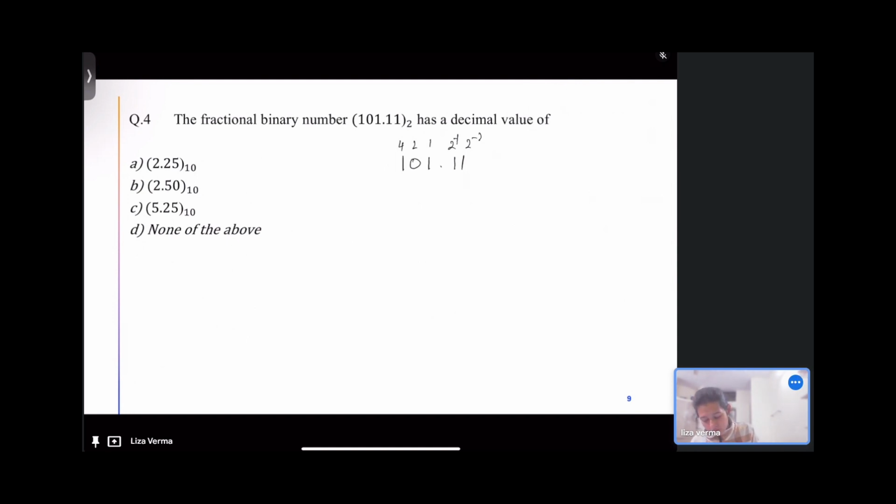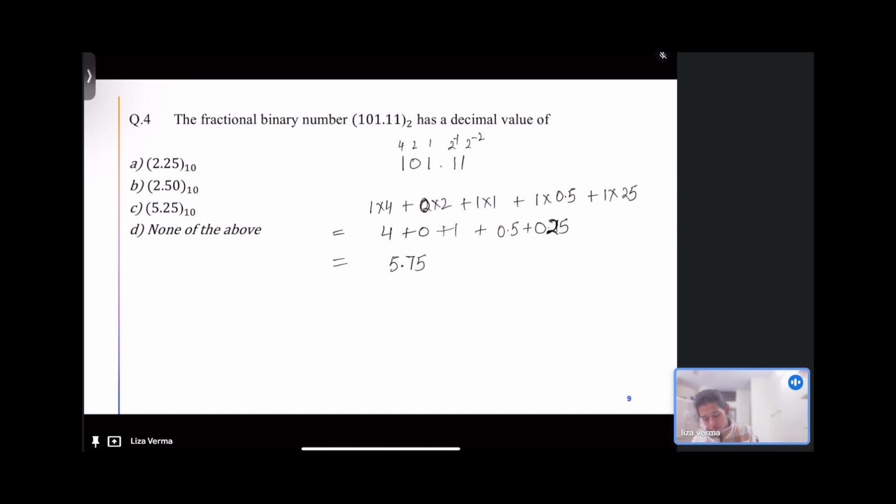We have 1 times 4 plus 0 times 2 plus 1 times 1 plus 1 times 2 to the power minus 1, which is 1 by 2 or 0.5, plus 1 times 1 by 4, which is 0.25. This gives us 4 plus 0 plus 1 plus 0.5 plus 0.25, which gives us 5.75.